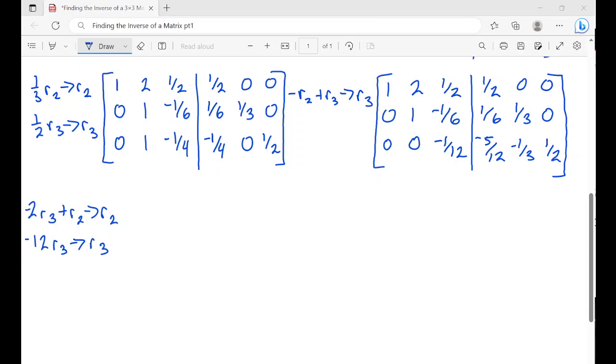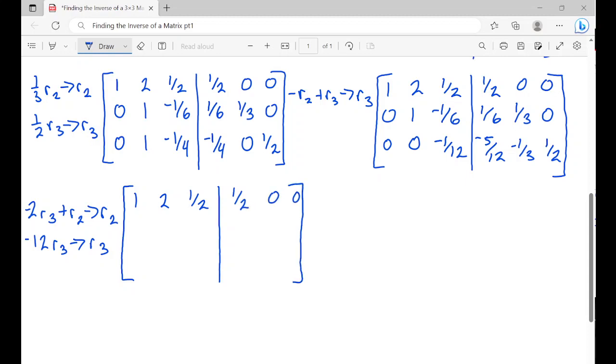So when I add those together, and again, row 1 is going to stay the same. We're not changing row 1 at all. So 1, 2, a half, 0, 0. Negative 2 times 0 plus 0 is 0. 0 plus 1 is 1.